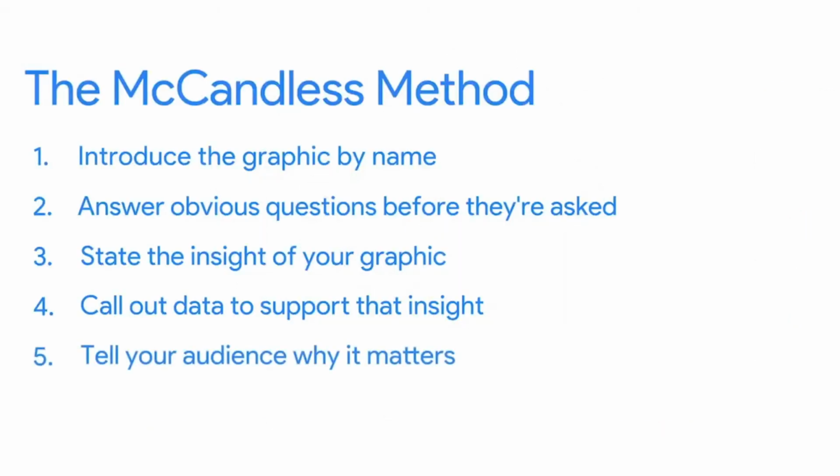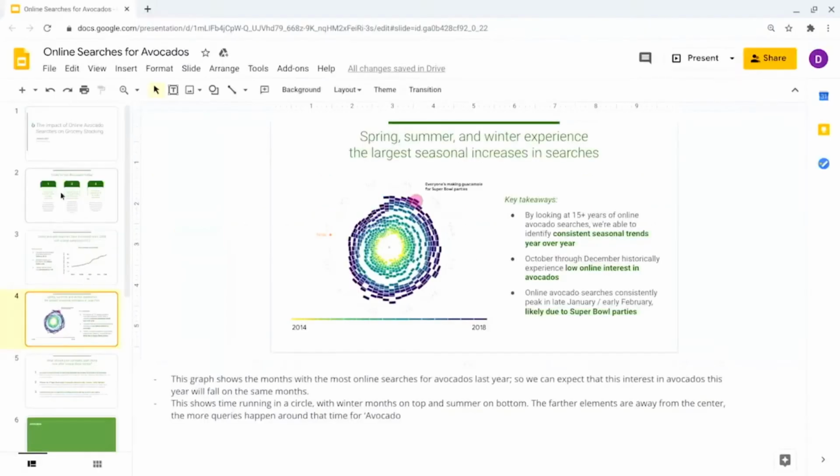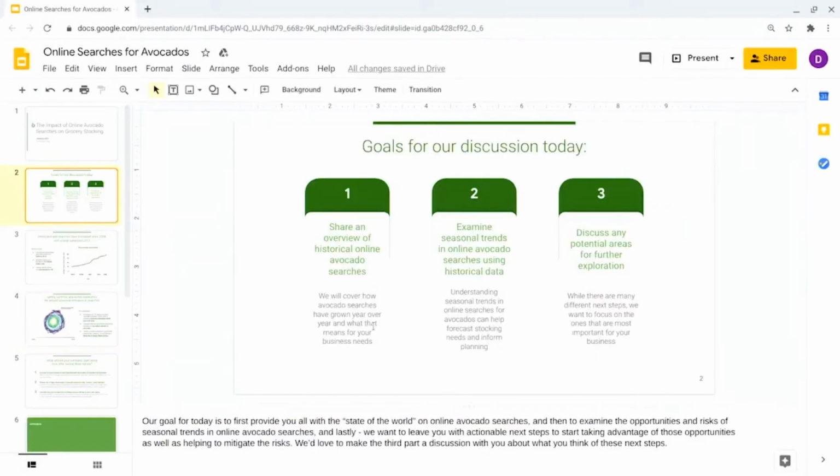Finally, it's time to tell your audience why it matters. This is the "so what" moment. Why is this insight interesting or important to them? This is a good time to present the possible business impact of the solution and clear action stakeholders can take. You might remember that we outlined this in our framework at the beginning of our presentation.